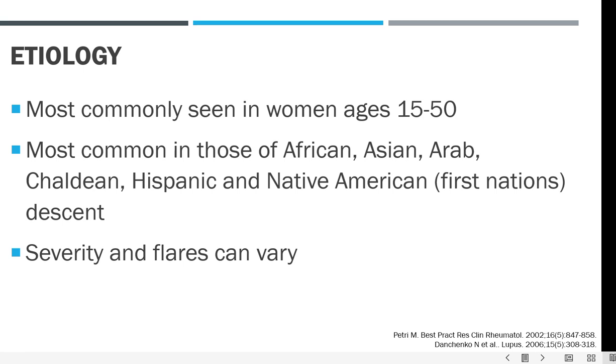These patients may have a more genetic predisposed risk, and the severity and flares can vary depending on the patient. It is quite a rare disease. It's estimated to affect about 0.05 to 0.1% of our US population.